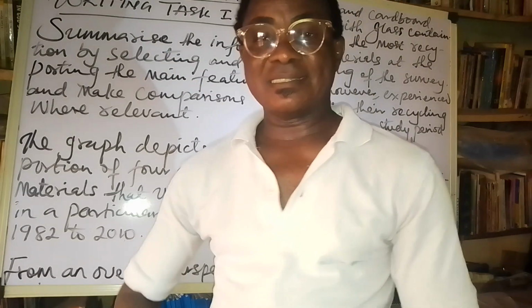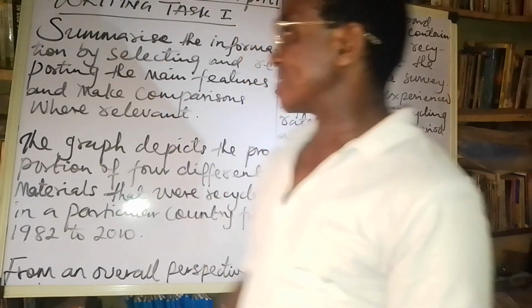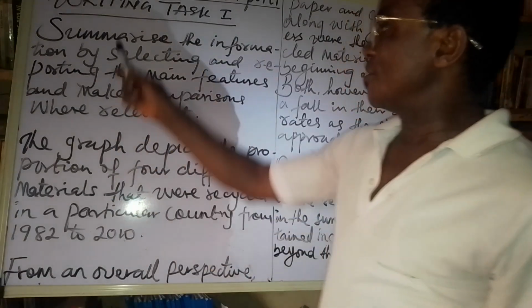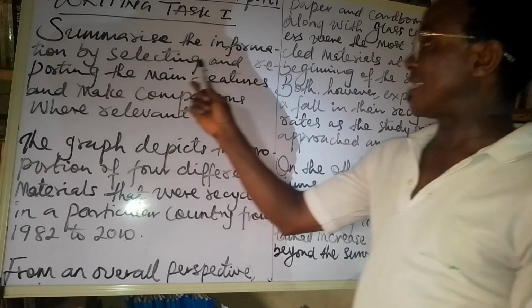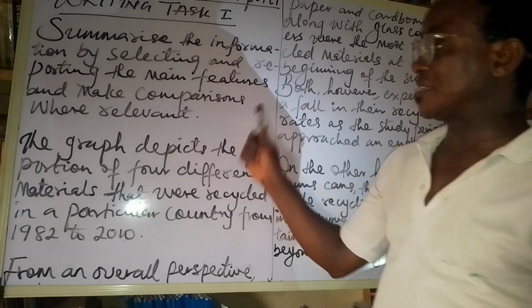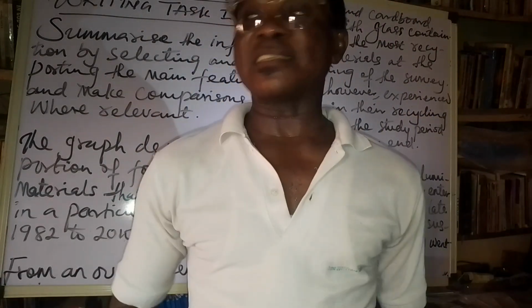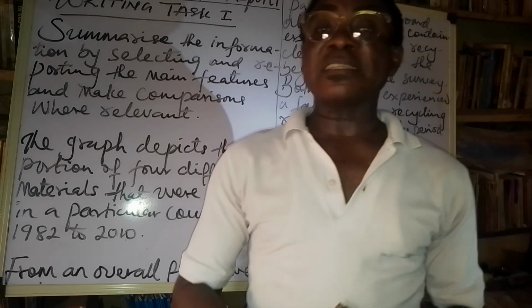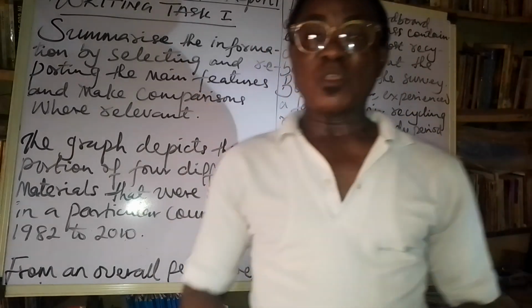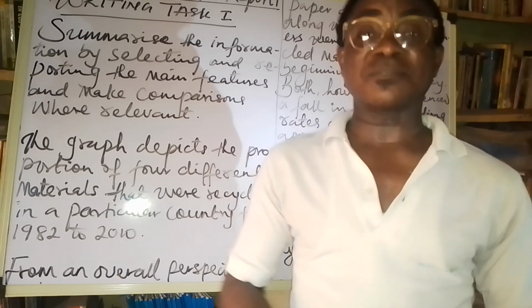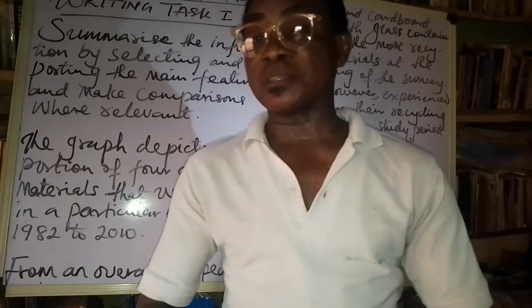The question we are asked to solve is this. It says, summarize the information by selecting and reporting the main features and make comparisons where relevant. What this implies is that in writing a report, you are presenting a summarized version of the information contained in the economic model.